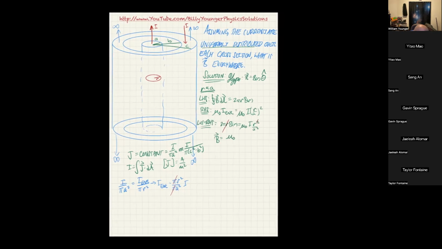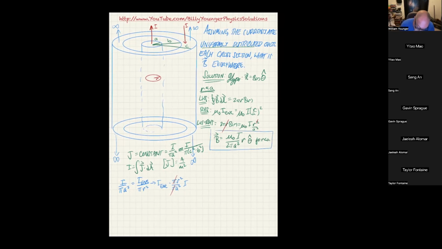So it's mu 0 I over 2 pi a squared times r in the theta hat direction for r less than a. Okay. Now, if we wish to do r in between a and b, then I can do it like this.